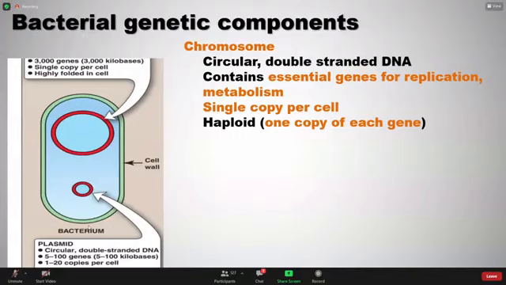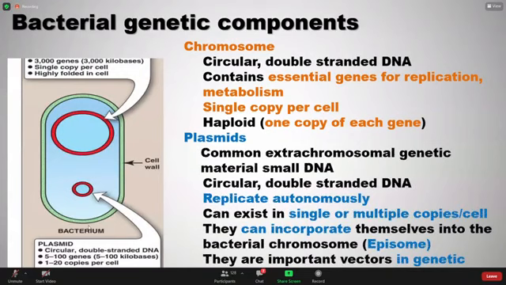When we talk about plasmid, it is extra chromosomal material or extra chromosomal genes. They are smaller in size compared to the chromosome, so this is a difference. They replicate autonomously. Remember, the chromosome gives just one copy. So plasmid could be single or multiple.